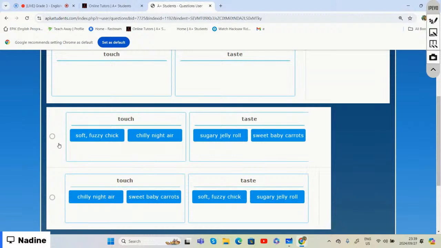Or do we say we can touch, option two, chilly night air and sweet baby carrots, and the taste is soft fuzzy chick and sugary jelly roll? Which one is correct, option one or option two? We need to choose the correct option, correctly under touch and correctly under taste.